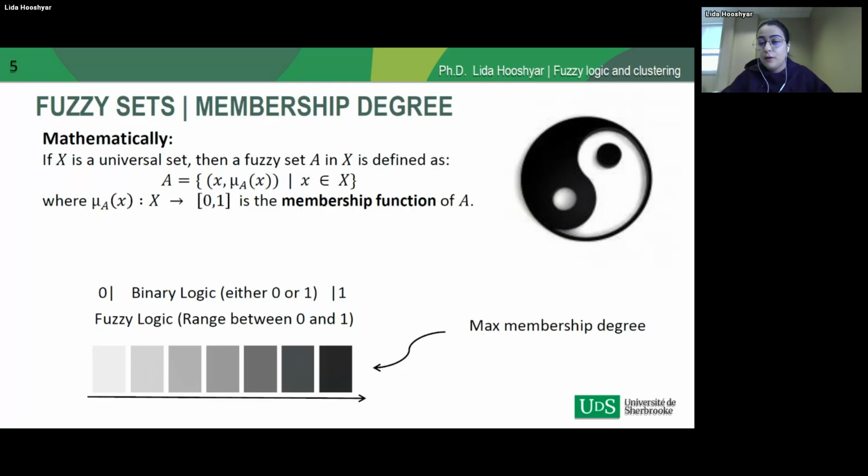The symbol at the top right of the slide is the yin yang symbol, which is sometimes used in introducing fuzzy sets. The concept is that our real world is not completely black and not completely white. Happiness and sadness are completely intertwined with each other. So this symbol is also used for introducing fuzzy logic. It is not absolute; they are intertwined with each other.